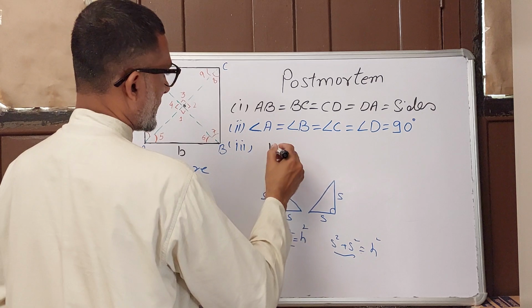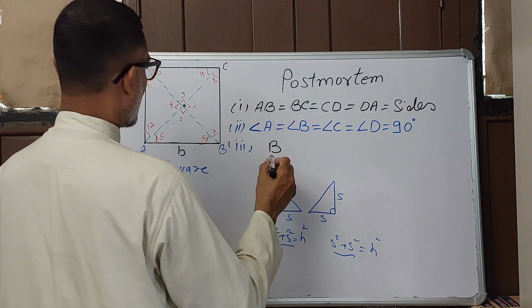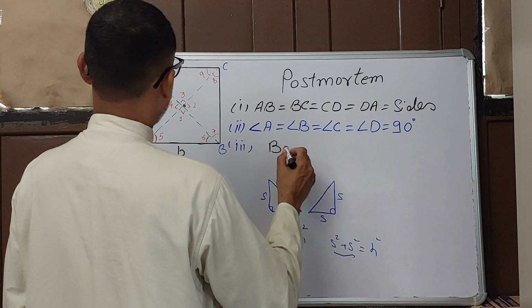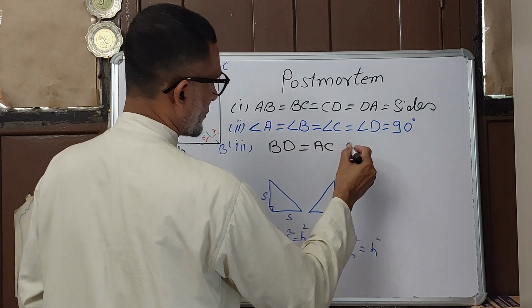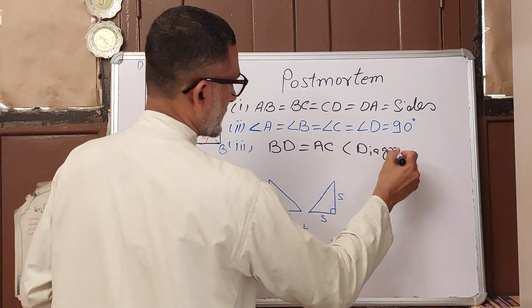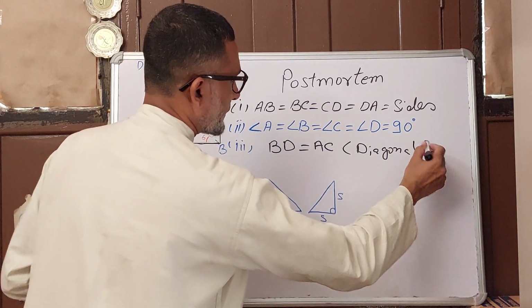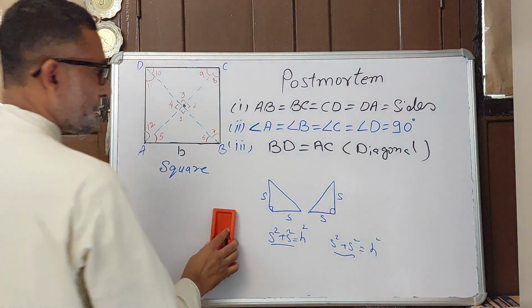So what do we get after thinking a little bit? We find that BD is equal to AC. Both are diagonals, but we easily find that they will always be equal.